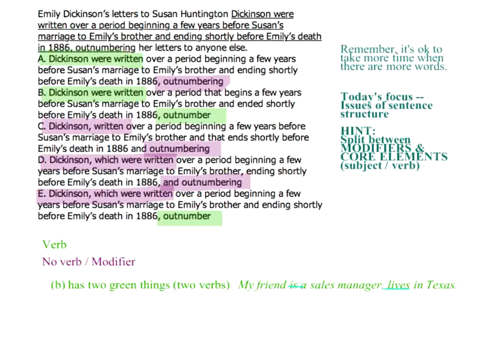And then C and D don't have verbs at all. C and D are not even sentences. They lack verbs altogether. So this is like saying my friend who is a sales manager and lives in Texas.